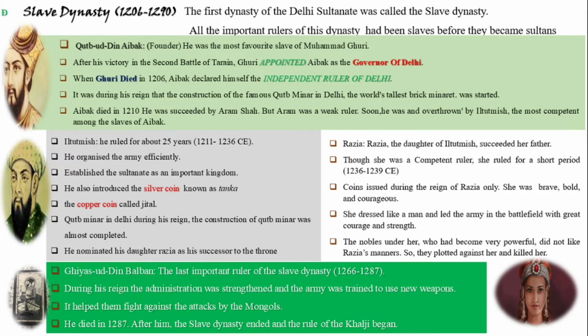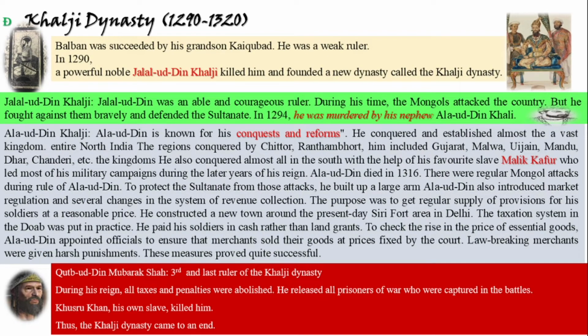Ghiyas-ud-Din Balban was succeeded by his grandson Kaykhusrau, but he was a very weak ruler. In 1290, a powerful noble, Jalaluddin Khalji, killed Balban's grandson and founded a new dynasty called the Khalji dynasty.